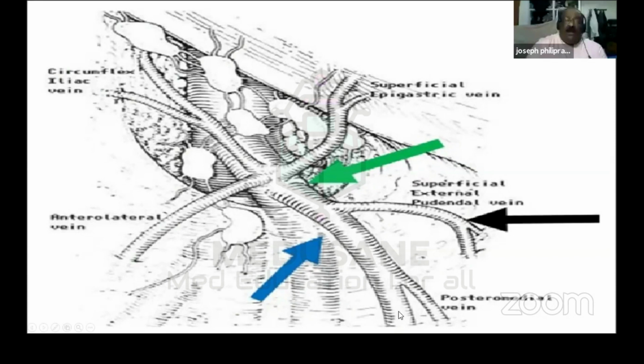So this is the Trendelenburg's surgery. You must remember these branches, because if they leave a branch, it can become bigger and give symptoms again. So this is the basis of Trendelenburg's ligation and stripping.